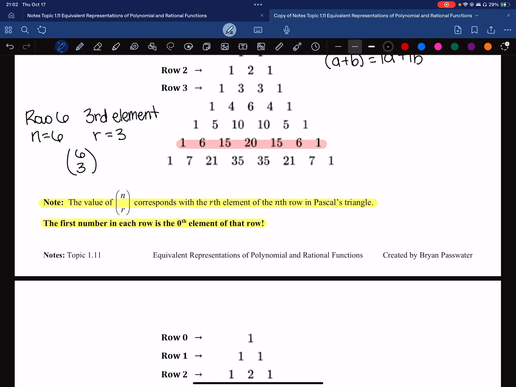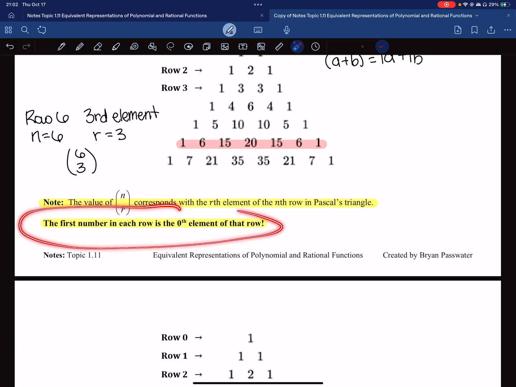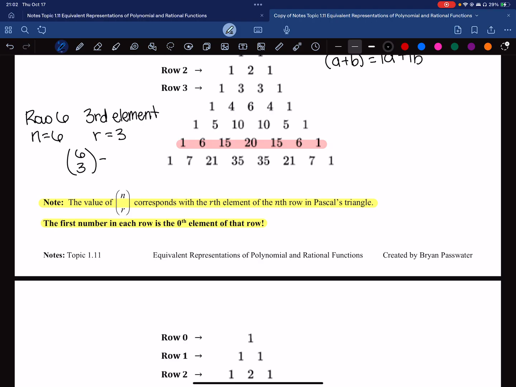And so what that's saying is we want the third element. Well, this important part down here says the first number in each row is the 0 element. So if I want the third element, this is 0, this is 1, this is 2, this is 3. So I would get 20 as my answer for this.